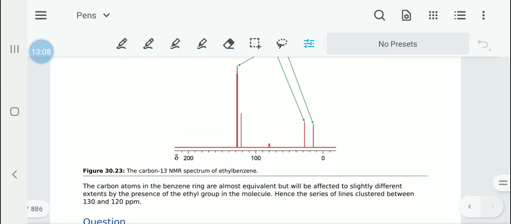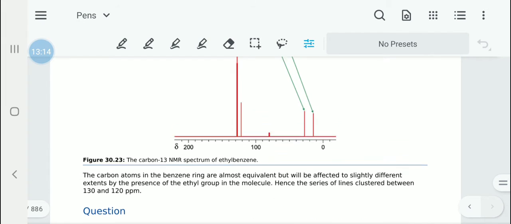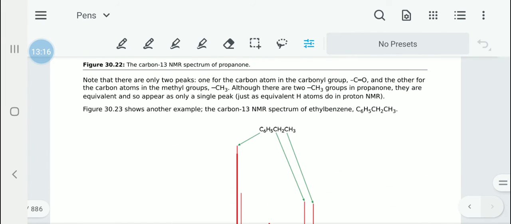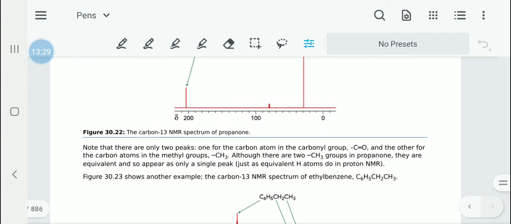So there is a cluster of lines between 130 to 120. So that would be if there is a slight difference. If they are completely equal like CH3, then it would be a single line. But if it is not, then there would be some interferences.